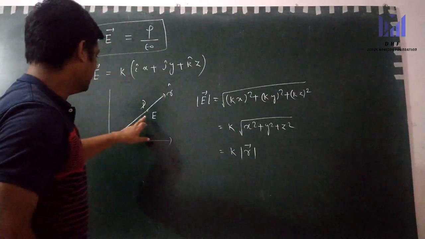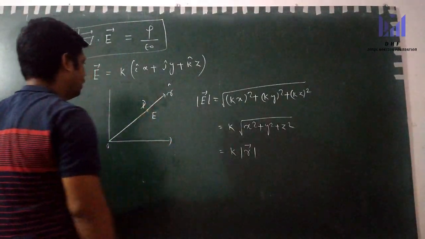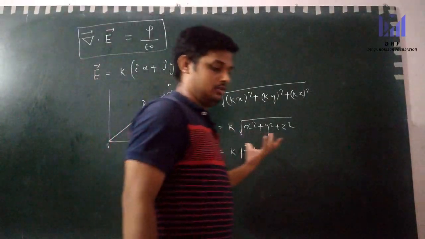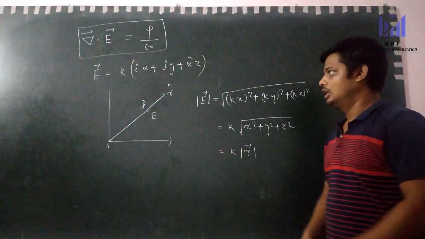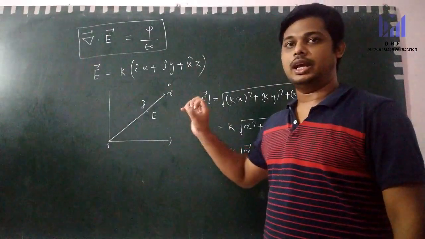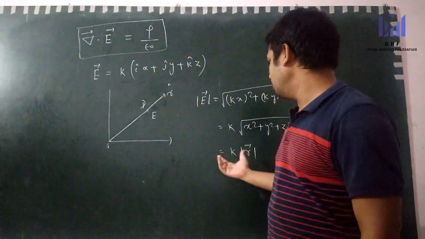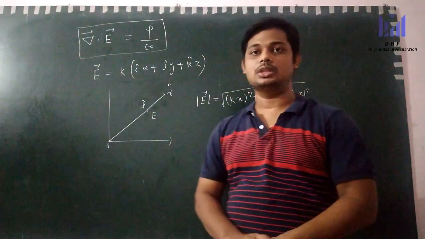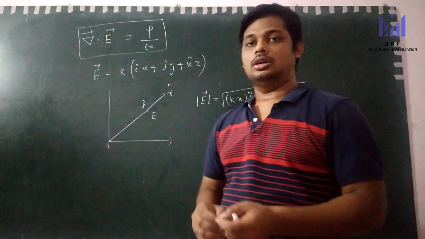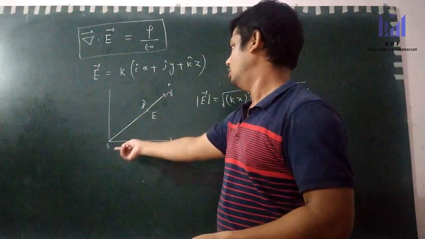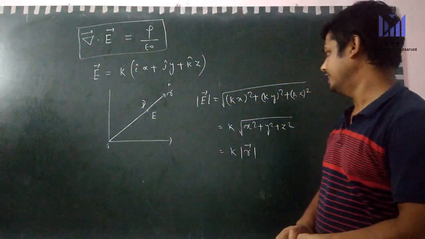And what is the direction of this electric field? The direction is radially outward. So combining this information, the electric field is in the radially outward direction, and its magnitude is directly proportional to the distance from the origin. Means as we go farther and farther from the origin, the magnitude of electric field will go on increasing.